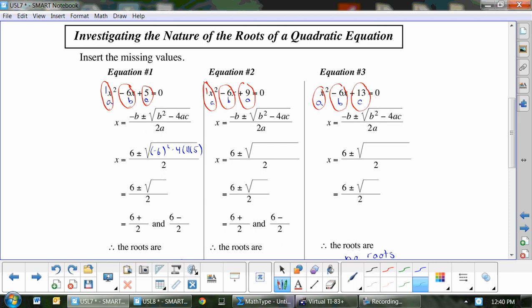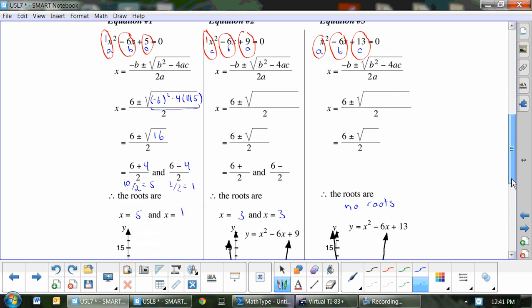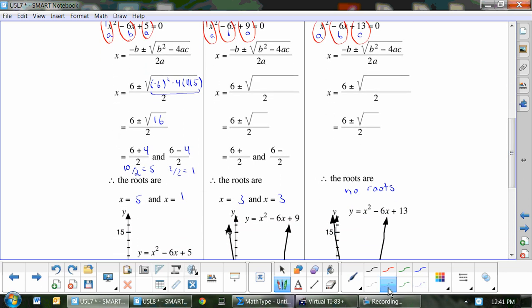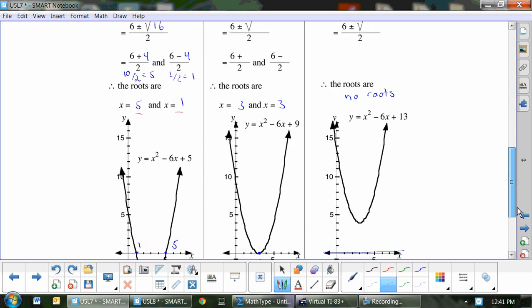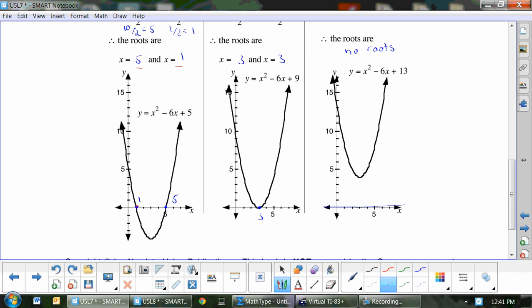So then we know under our radical sign, if we were to solve all of this, we'd get 16. So we'd get 6 plus 4 over 2 and 6 minus 4 over 2, which would give us 10 over 2 is equal to 5, and 2 over 2 is equal to 1. So we know our roots are 5 and 1, and we can see them right here.